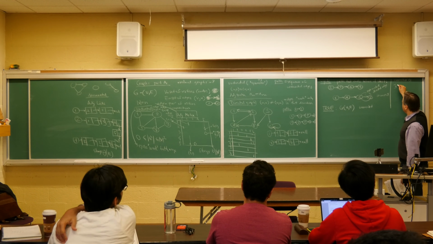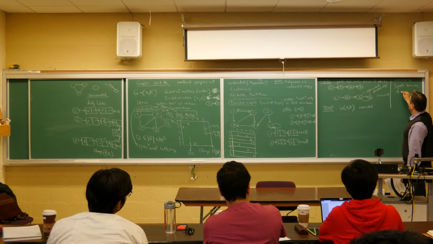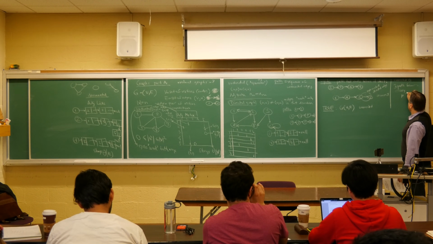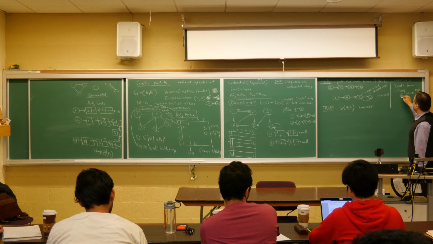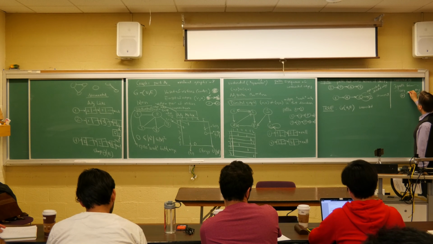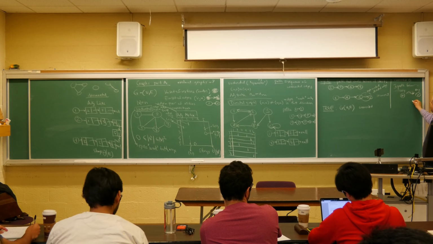There is a path from any U to any V, any U node to every V node. The sign of the path is some curly arrow like this.